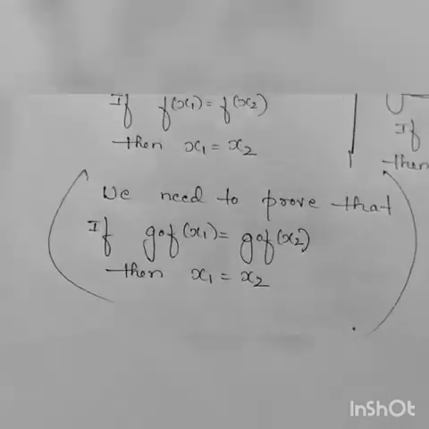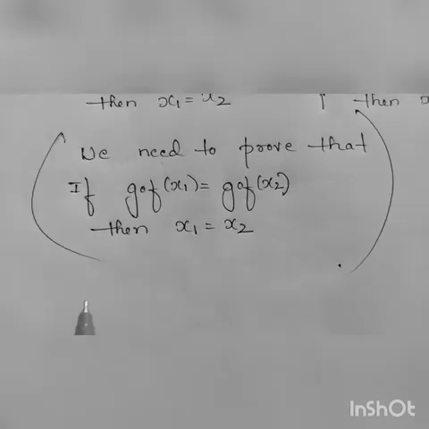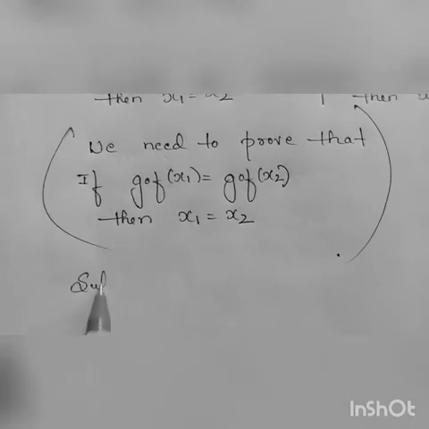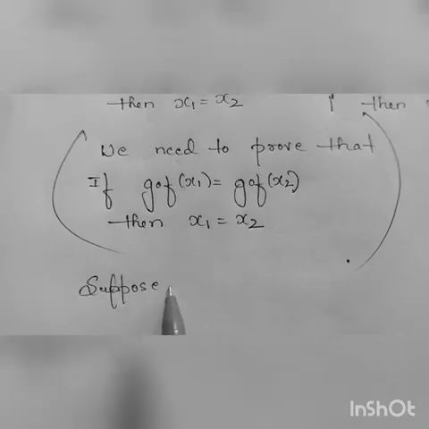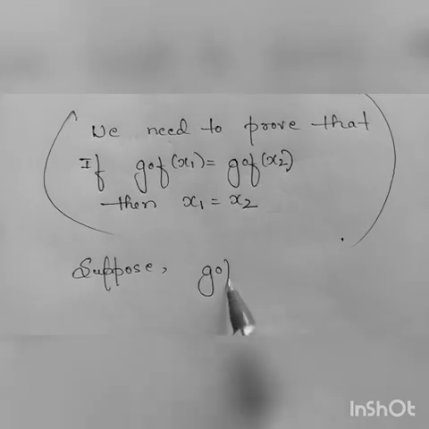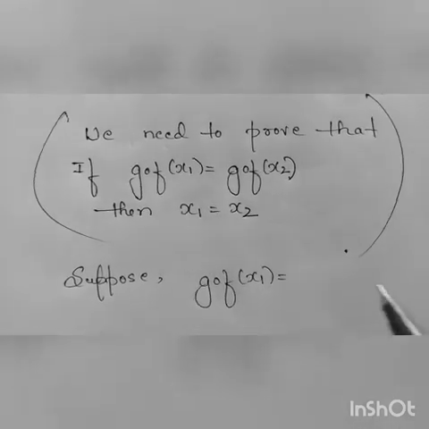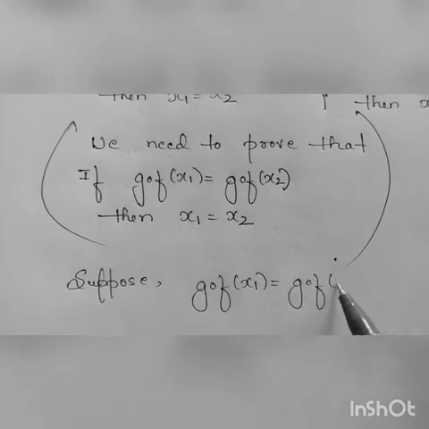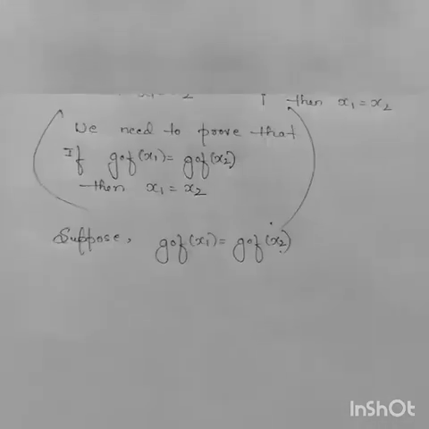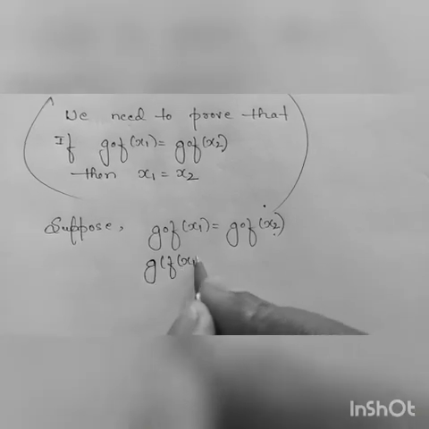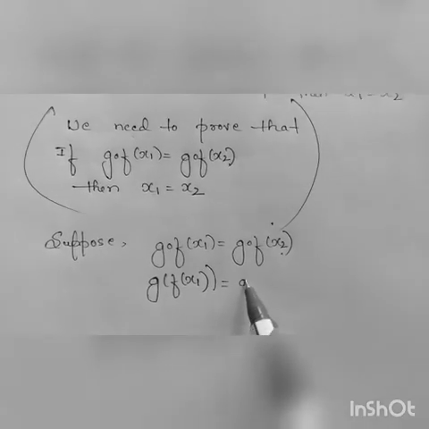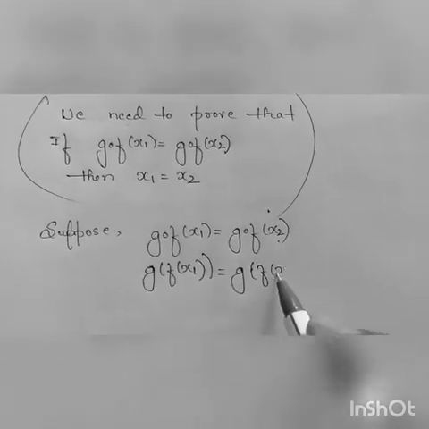So we shall begin likewise, that is, suppose g of f of x1 is equal to g of f of x2. This can be written as g of f of x1 is equal to g of f of x2.